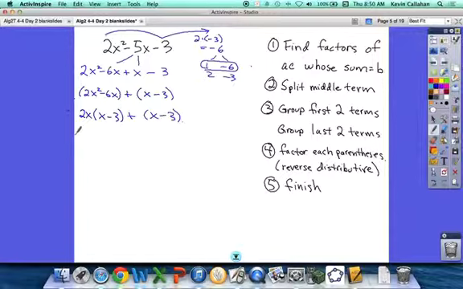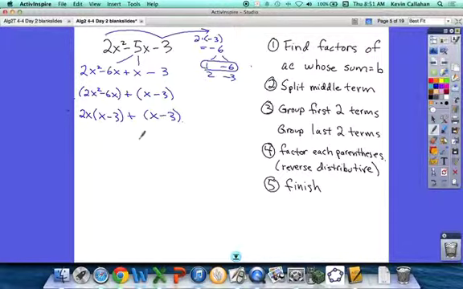But what's the common factor in these terms? x minus 3. Remember, factors are things that are multiplying. This x minus 3 is multiplying times x times 2. And that's in common between this term and this term, so I can factor it out.